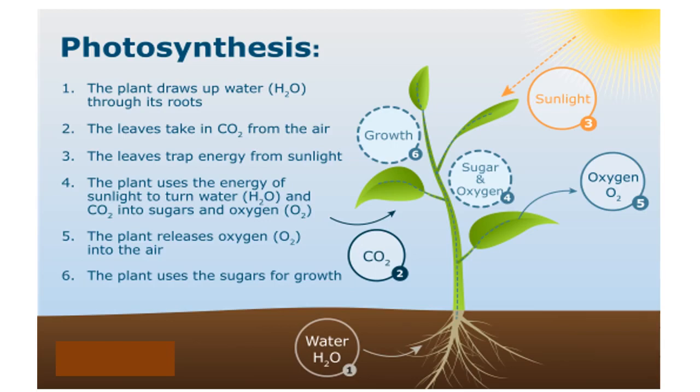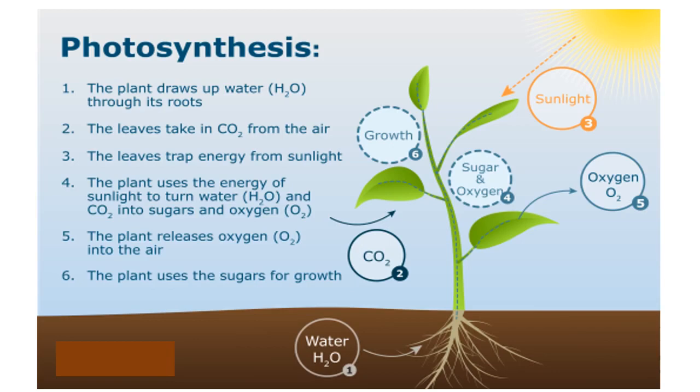In the diagram, we can see the circle labeled as number 1. Moving further, point number 2. The leaves take in carbon dioxide, represented as CO2, from the air. If we trace it down to the diagram, the circle with point number 2 is showing the same.